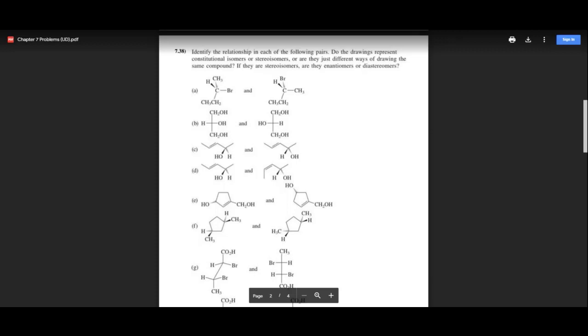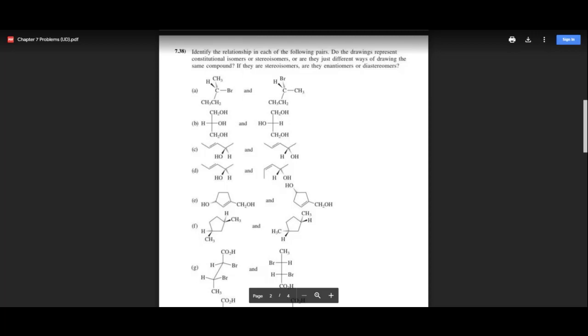So if you look at, for example, E, look at where that OH is relative to the double bond. The OH in the compound on the left is 1 carbon away from the double bond in that cyclopentene, right?